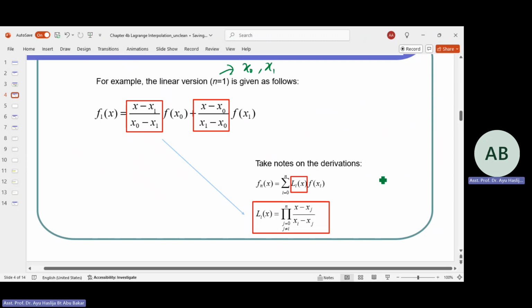So that's why your L0 only involves x0, x1. This is L0, this is L1. Always remember this part: j must start from 0, but j cannot be the same as i.